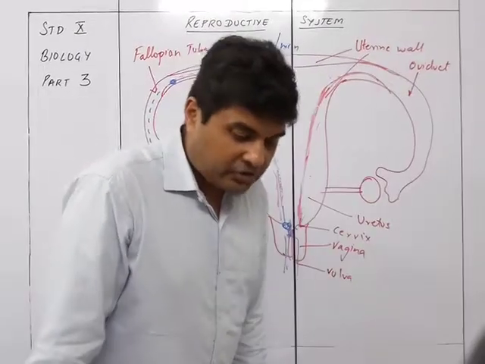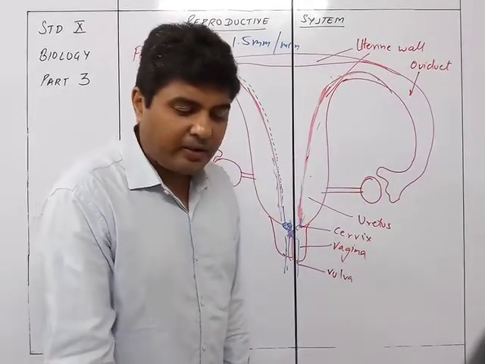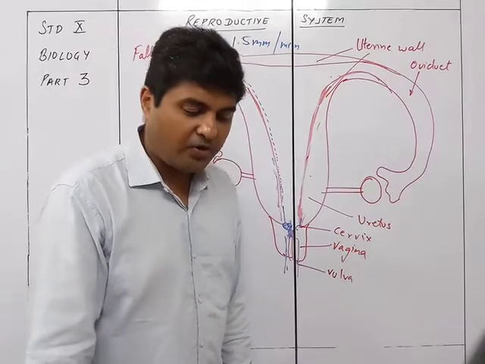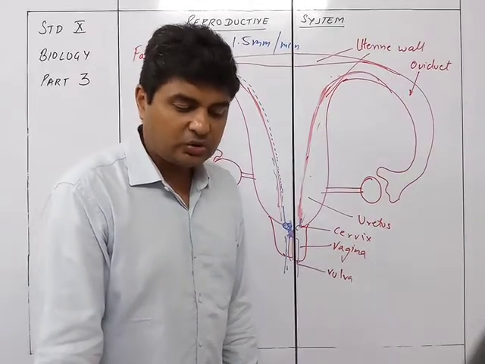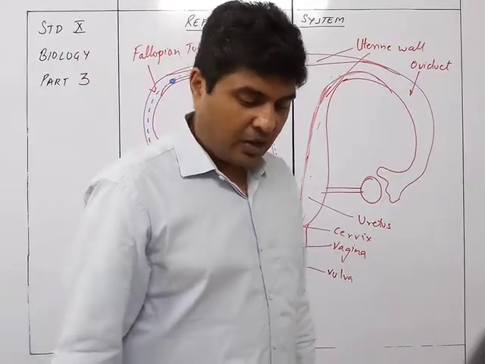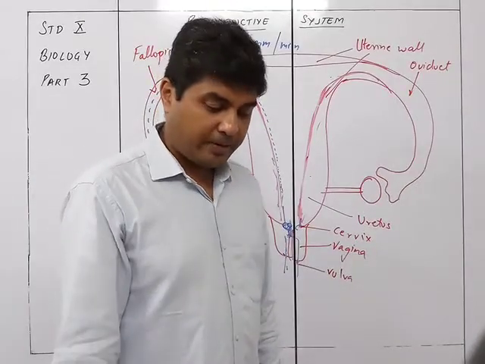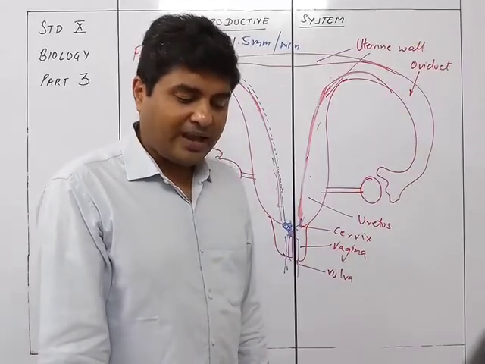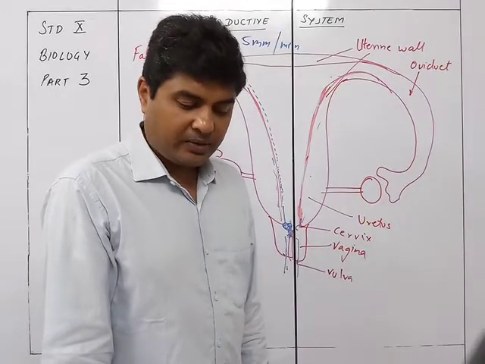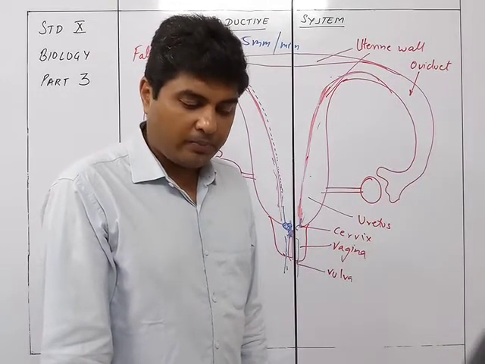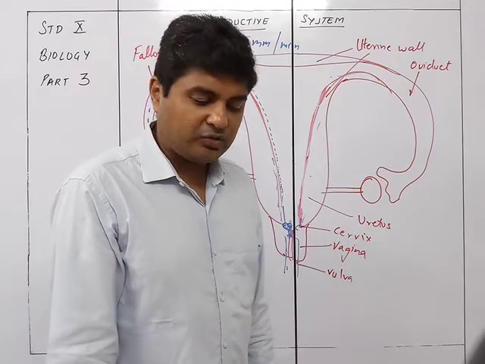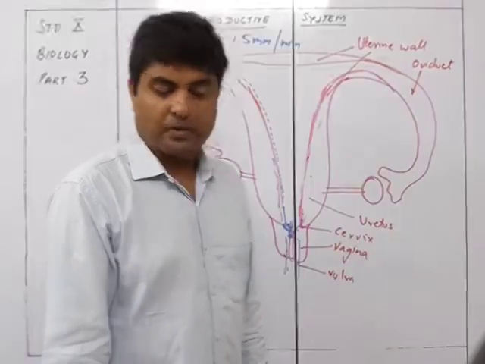So these sperms swim with the help of their tail and pass through the cervix into the cavity of the uterus, progressing at the rate of approximately 1.5 millimeter per minute. From the uterus, they climb up to reach the oviduct. If there happens to be an ovum in the oviduct, it gets fertilized by just one single sperm.